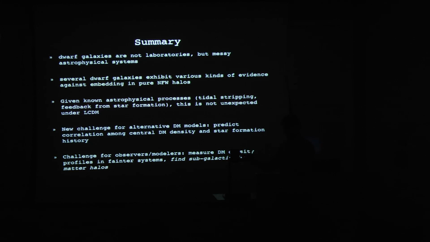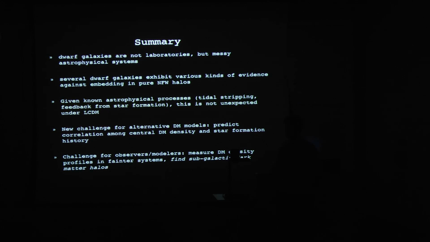We have new information coming from correlations between star formation histories and dark matter densities that we're measuring in some of these systems. So there's a challenge for non-standard CDM models to be compatible with those same observations. And I think I agree with Haibo that SIDM passes that test for now.